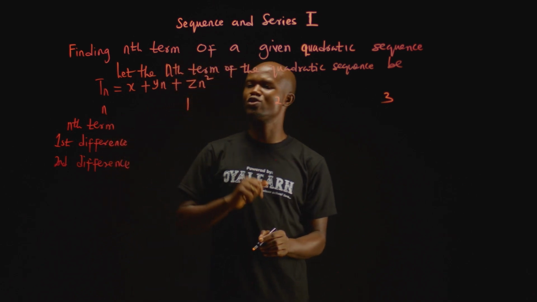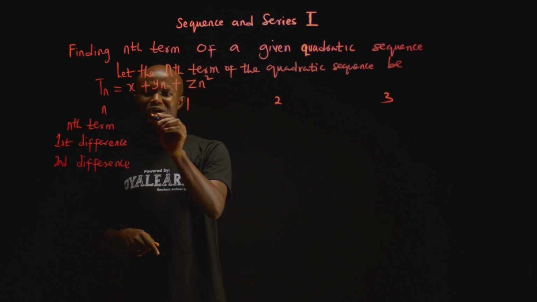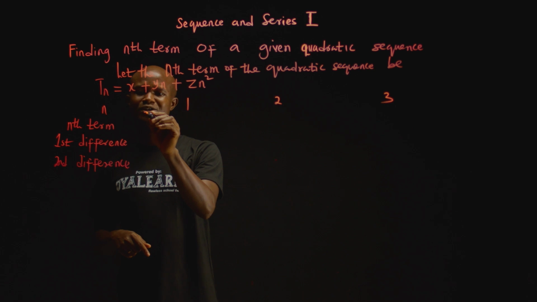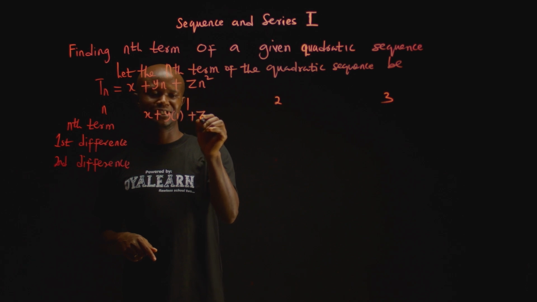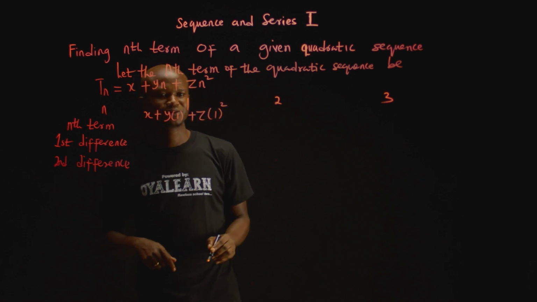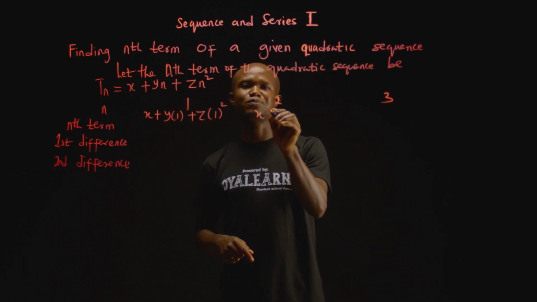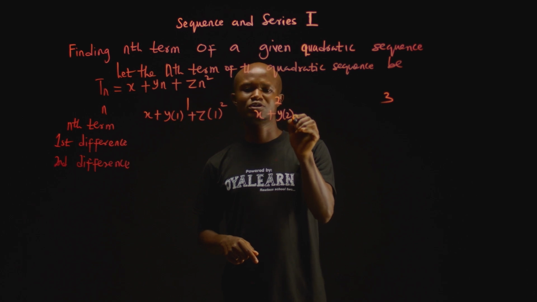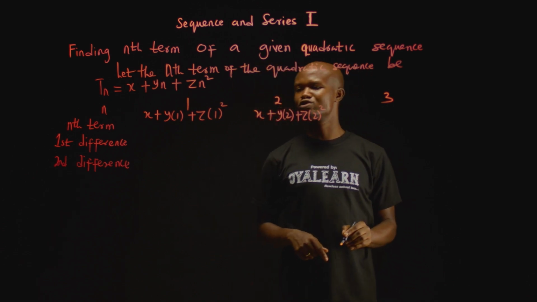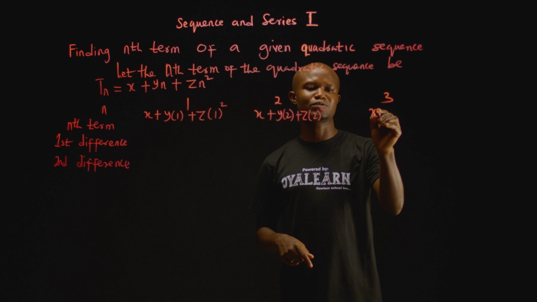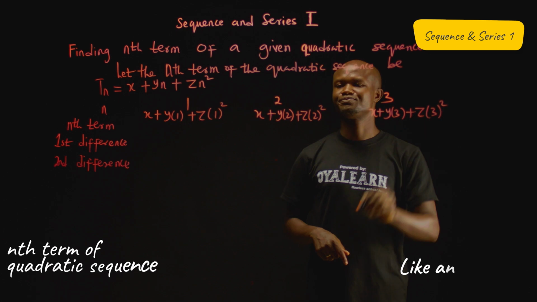Now, when n equals 1, what are we going to have? Anywhere you see n, we put 1. So we have x plus y into 1 plus z into 1 squared. When n equals 2, we have x plus y into 2 plus z into 2 squared. When n equals 3, we have x plus y into 3 plus z into 3 squared.